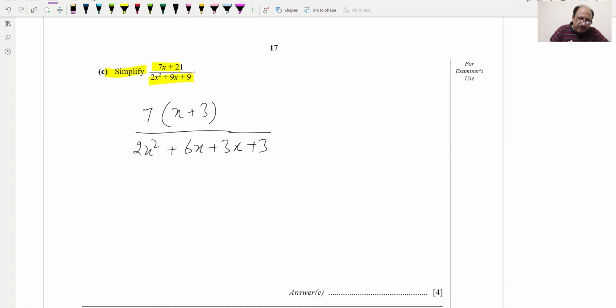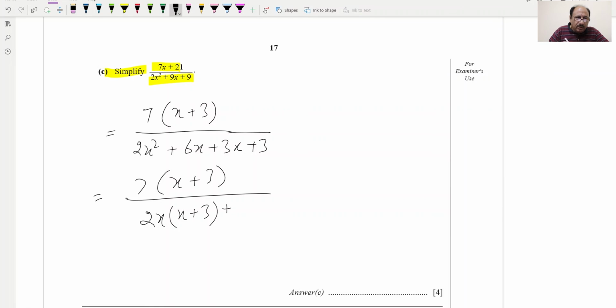After that we can further write, from these two we can take common 2x, and inside will be x plus 3, and from these two we can take 3 common, and inside will be x plus 3. Here it should be 9, basically 9 we missed.